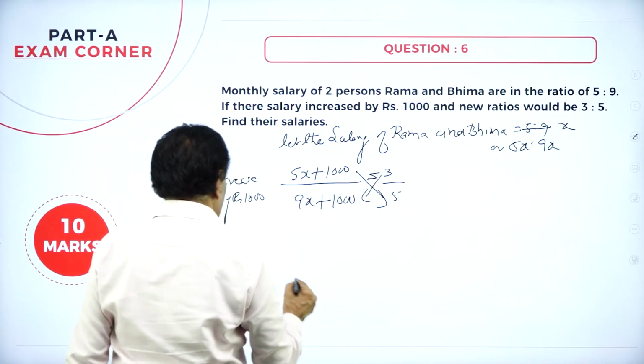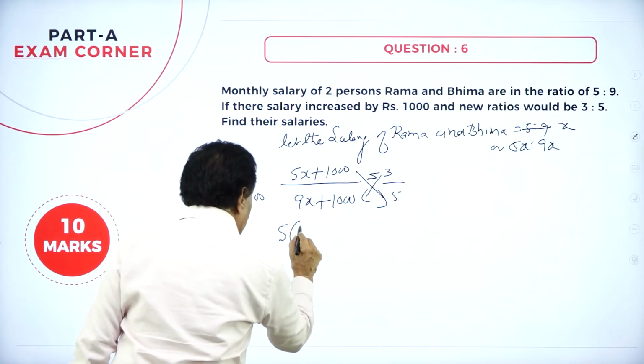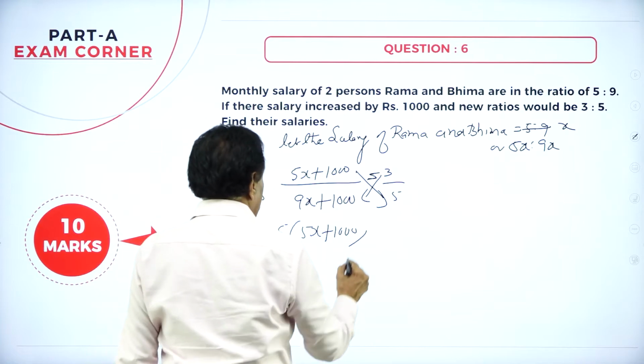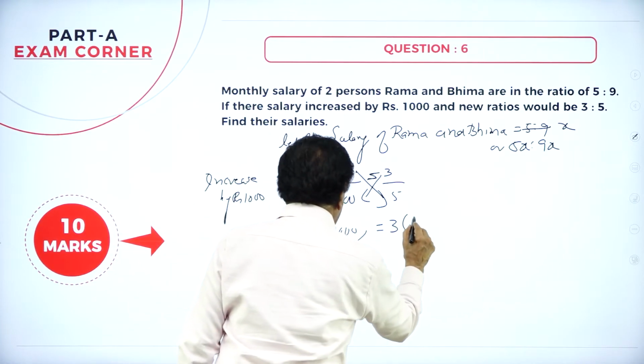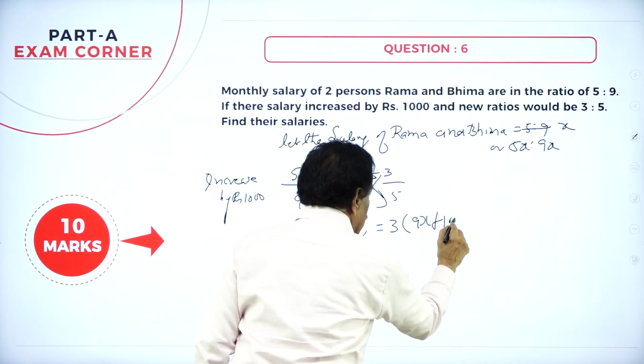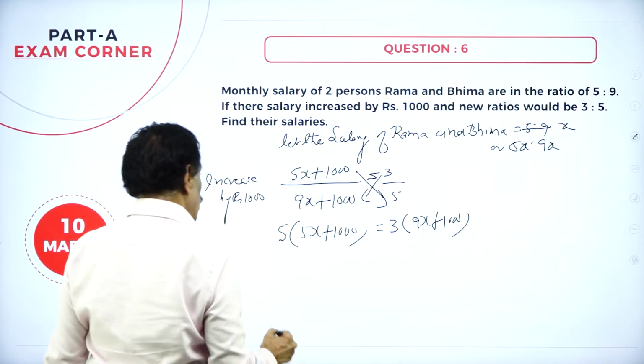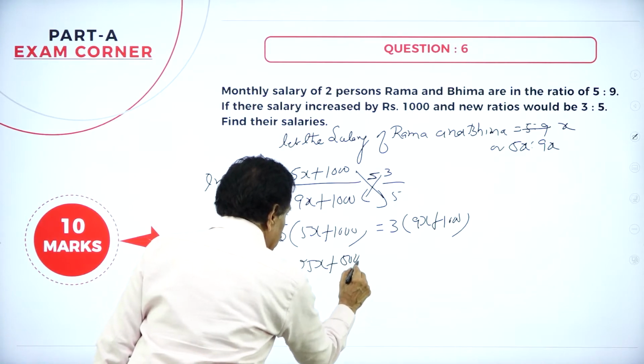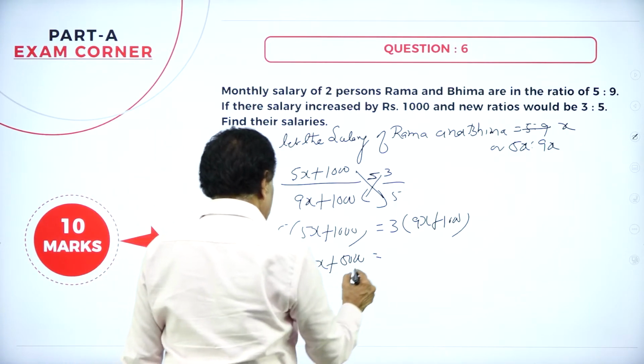Cross multiply: 5 into (5x plus 1000) is equal to 3 into (9x plus 1000). Multiply: 25x plus 5000, and 27x.